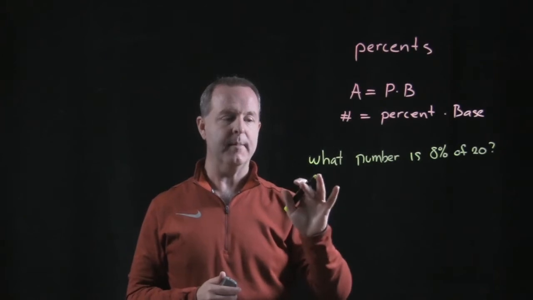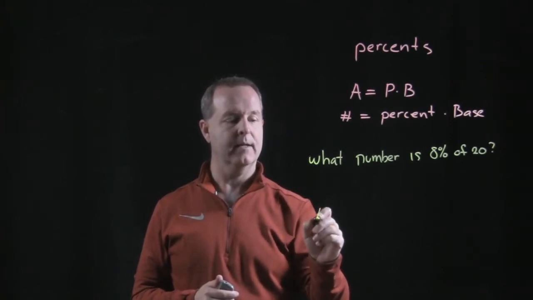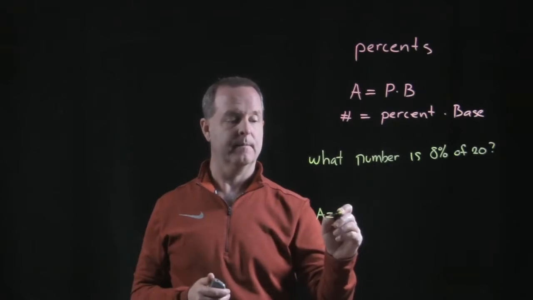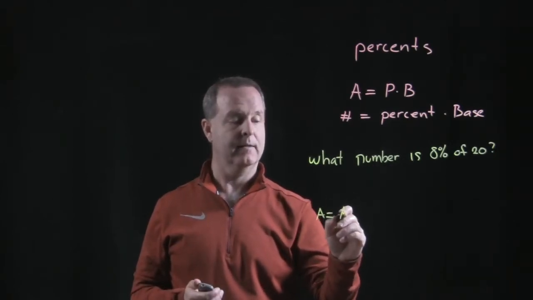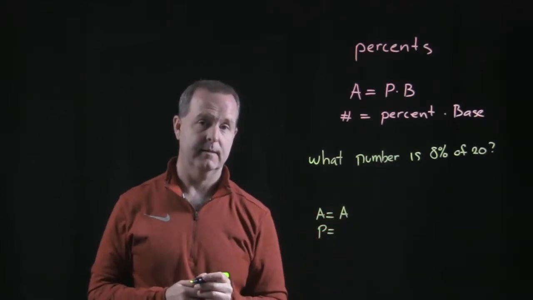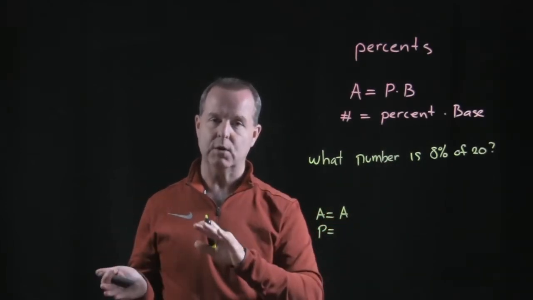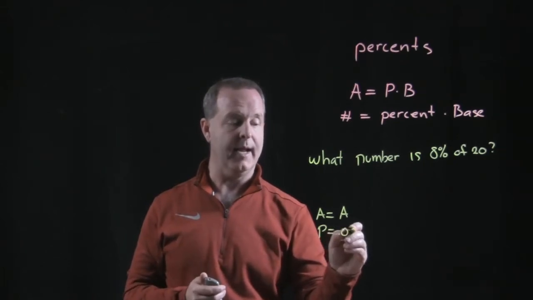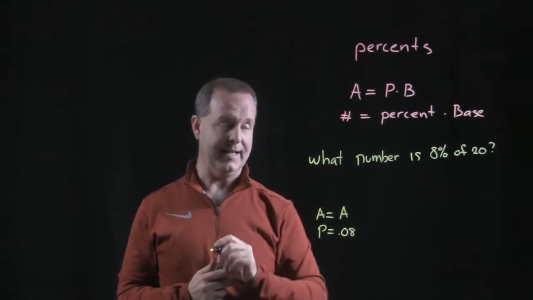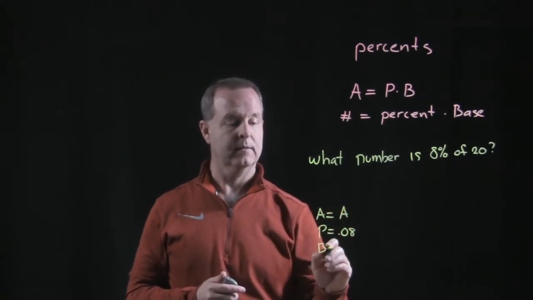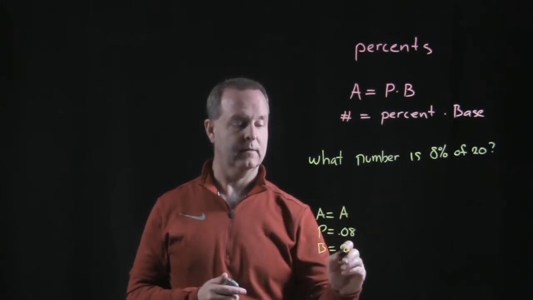Well, looking at this formula, we can recognize that A is an unknown. What number? So we'll just leave it as an A. My percent is identified as 8%, but we want to convert that to a decimal. So 8% as a decimal is 0.08. That's important. And my base is 20.